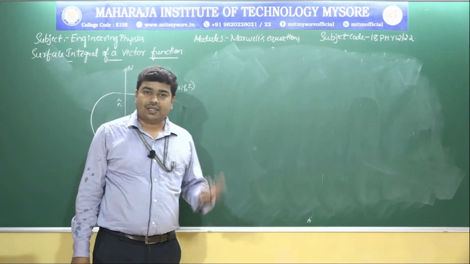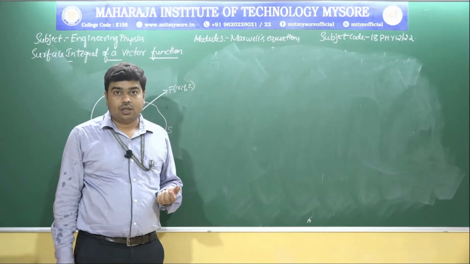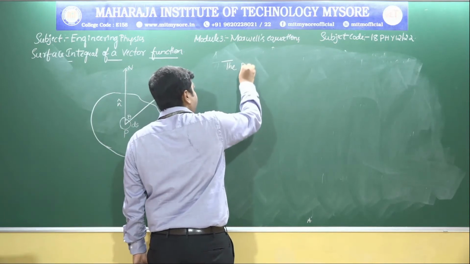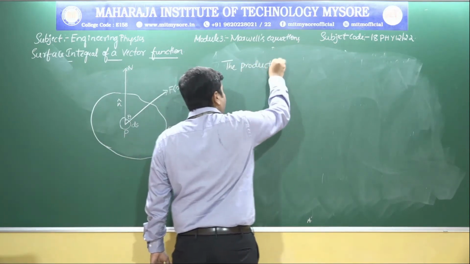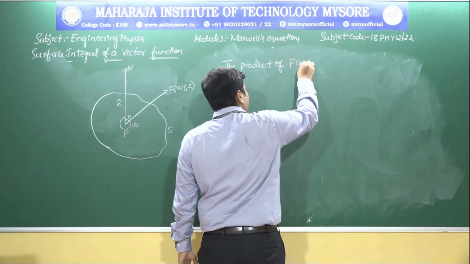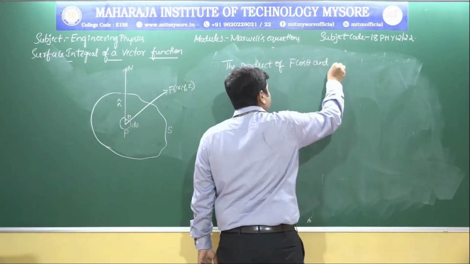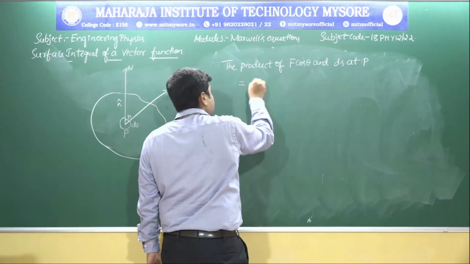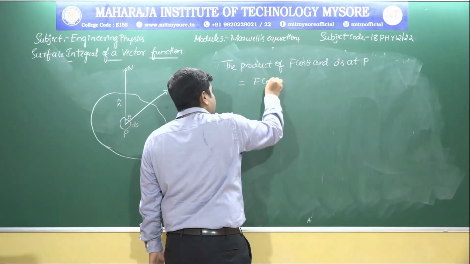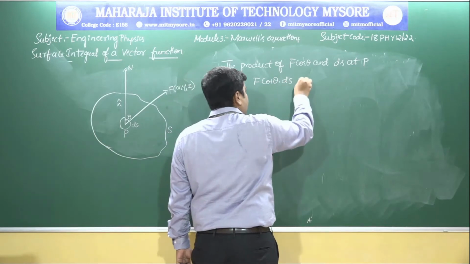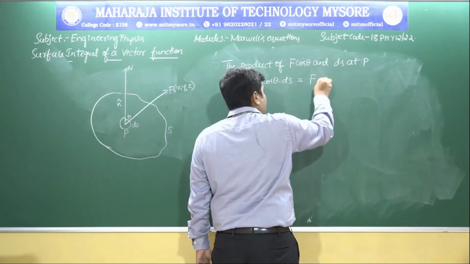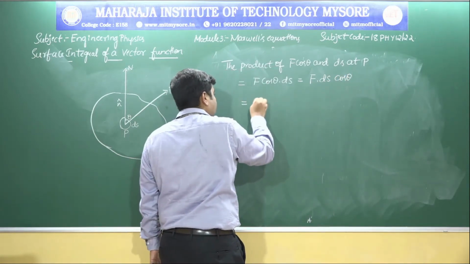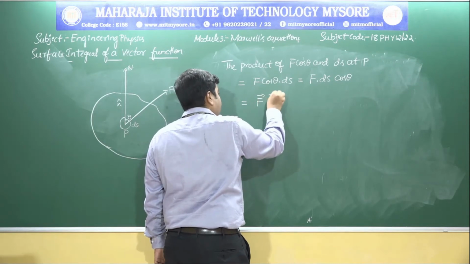The product of f cos theta into ds at P is given by f cos theta dot ds, which can also be written as f dot ds cos theta, or as vector f dot vector ds.